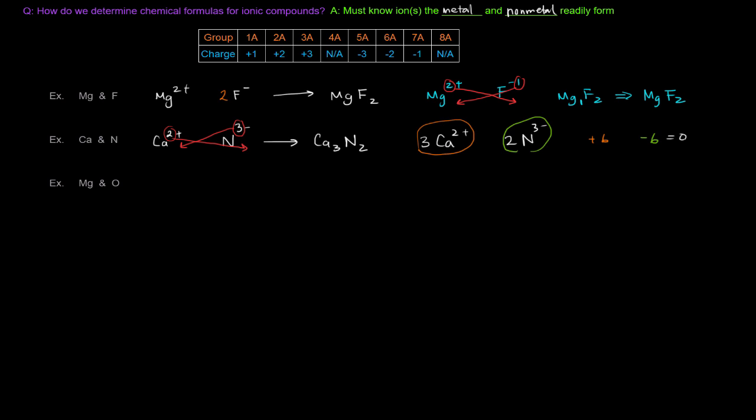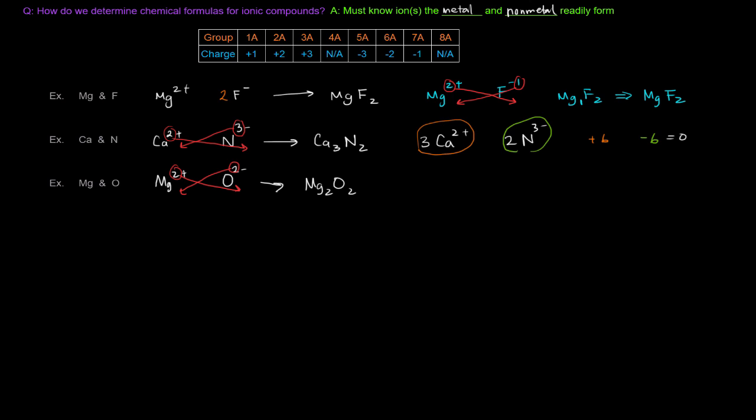Now just the last one here, crisscross method. Mg, group 2A, Mg2+. And then O is a 6A element, so it would be O2-. Using the crisscross method, I would get Mg2O2. But what I would do here is reduce this to the lowest whole number ratio.